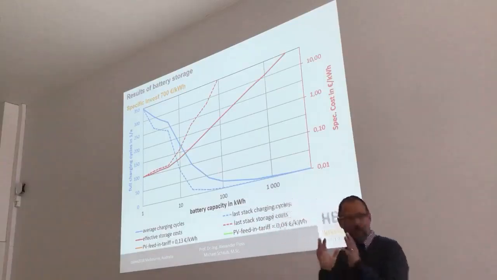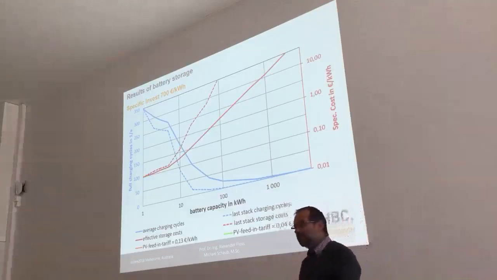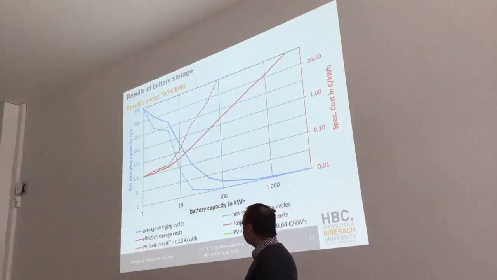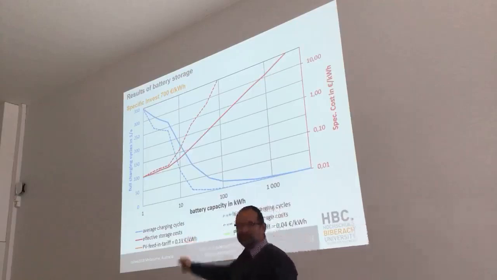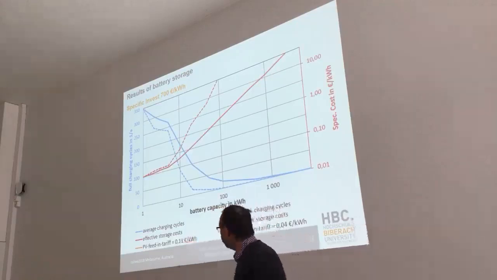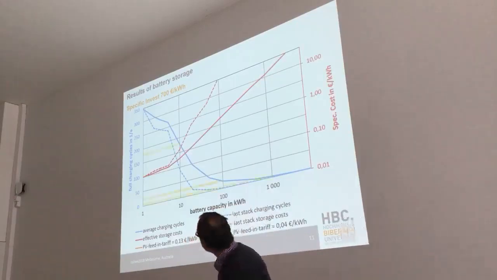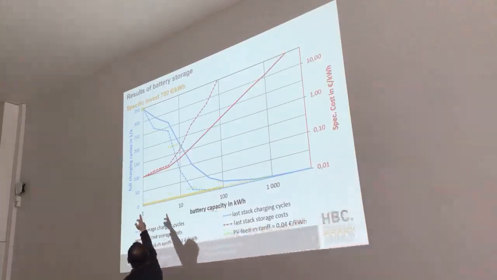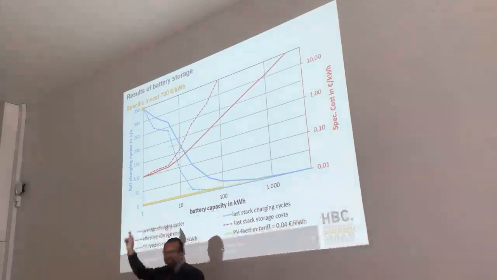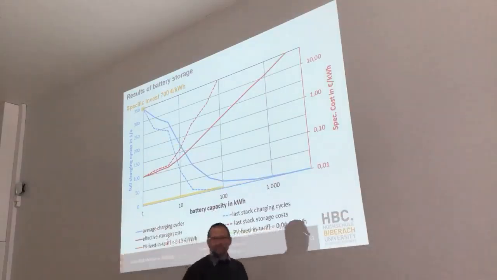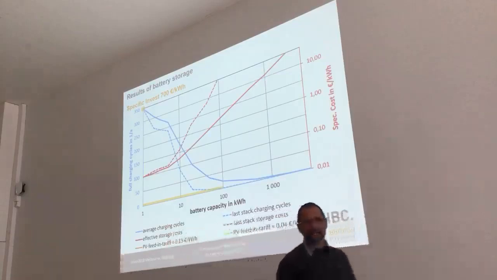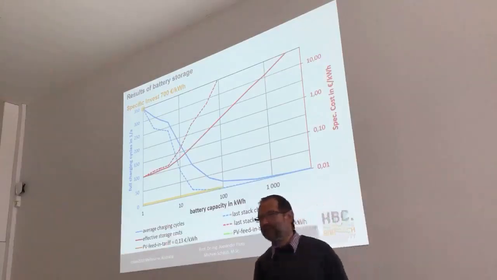If you have a small battery with a capacity of just 1 kilowatt hour, this battery is charged almost every day, and you get 350 charging cycles a year. That means during a lifetime of 20 years you get about 7,000 charging cycles.